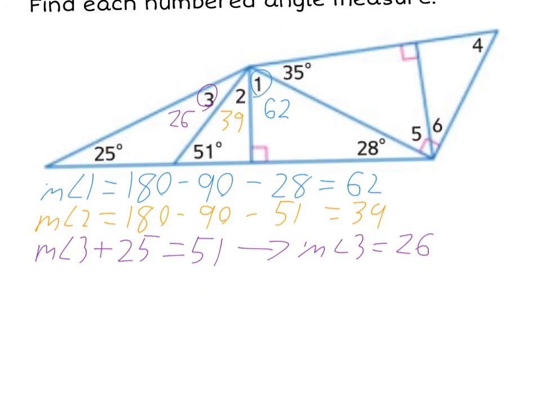All right, number 4, up in the corner. Well, number 4 is part of this small triangle here, but it's also part of the larger triangle there. So we're going to use the larger triangle to work this out, because this full angle, the combination of 5 and 6, is 90 degrees. So the measurement of angle 4 is equal to 180 minus the 90 degrees minus 35, which is equal to 55.